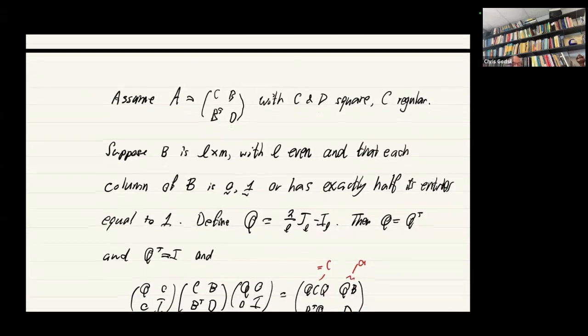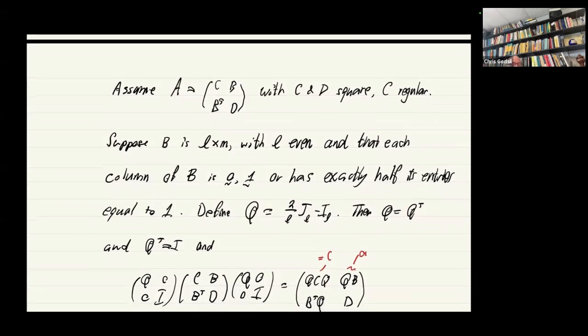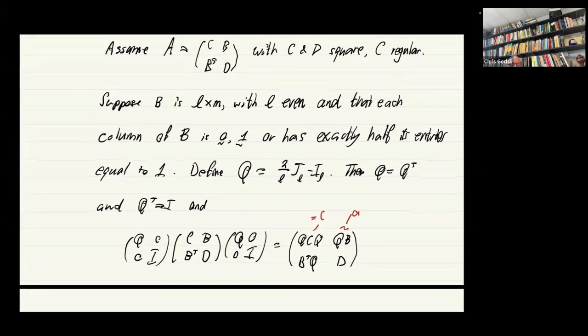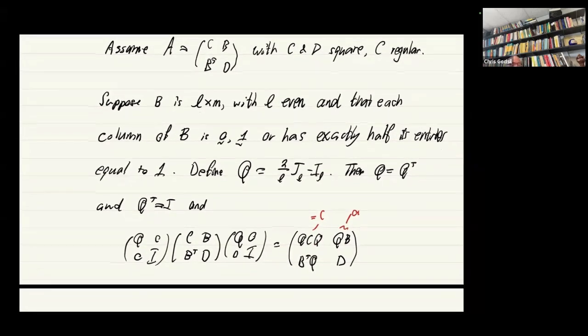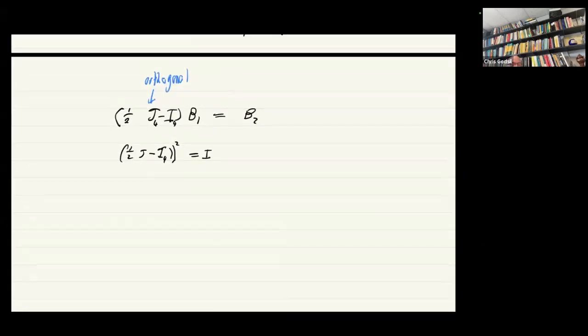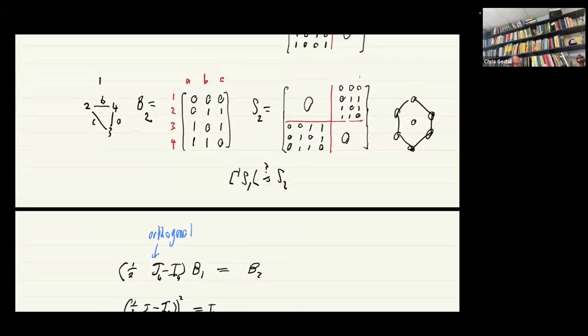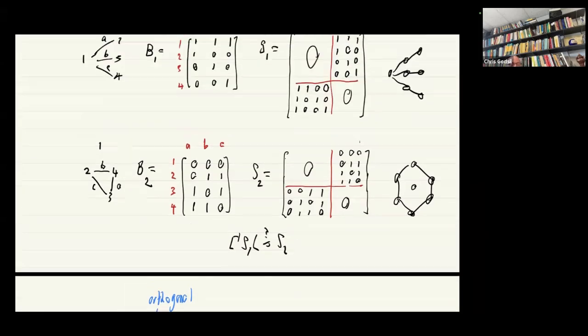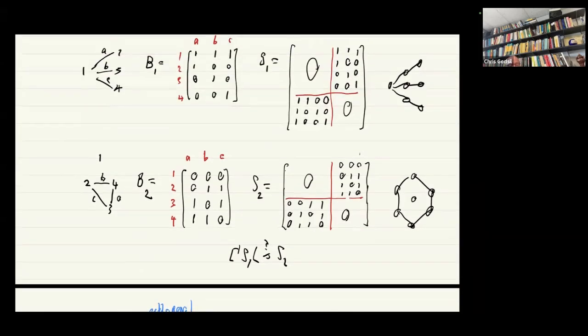So assuming I've got a Cartesian matrix as shown here with diagonal block square, and I'm assuming that C is regular. Okay. And I'm going to assume that B is L by M with L even, and that each column of B is either 0, 1, or has exactly half its entries equal to 1. So you can see here that this has the half property and this has the half property.